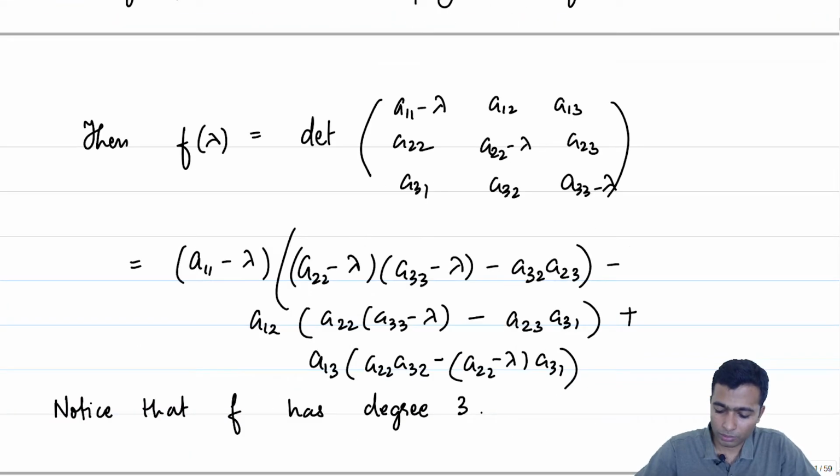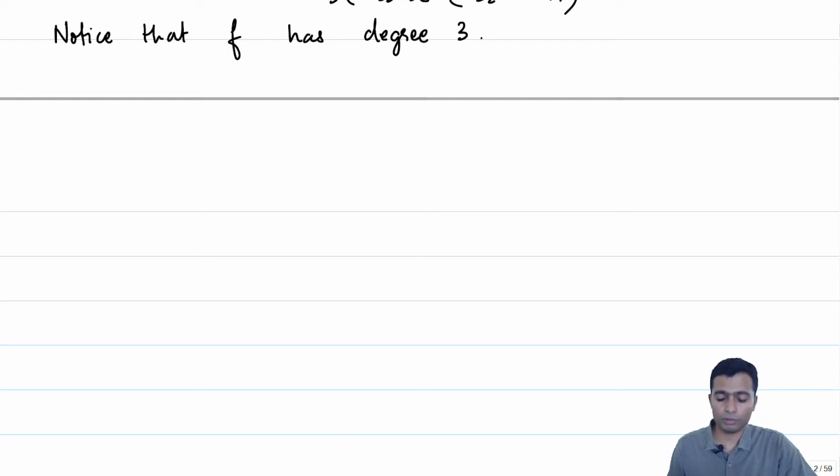As you can see, the characteristic polynomial has a tendency to be quite messy. For n greater than 3, the corresponding expression will be far more complex.